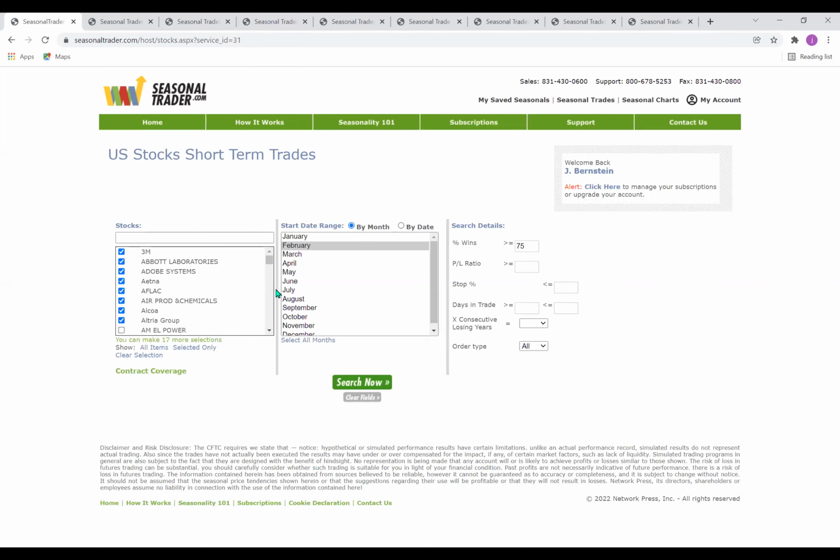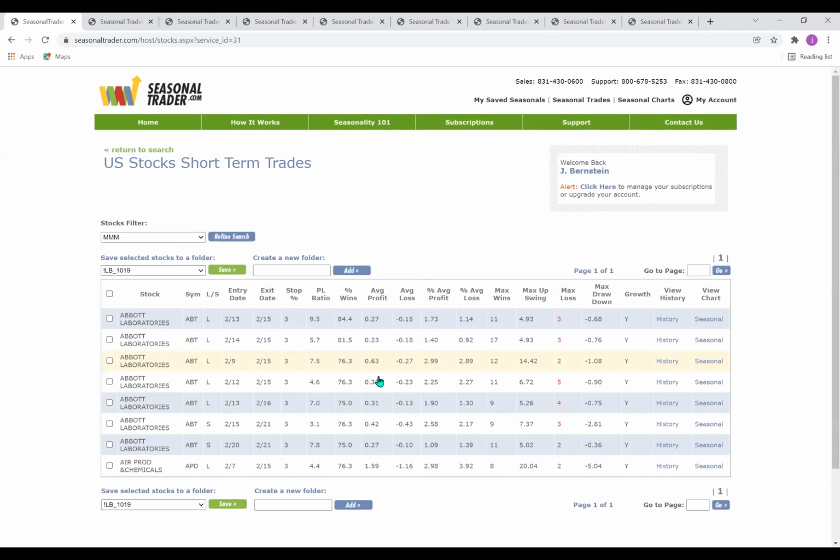Say, show me trades in February, short term, with a risk of less than 5% that are short term. Do my search like so, and I get my list, Abbott Laboratories and Air Products.